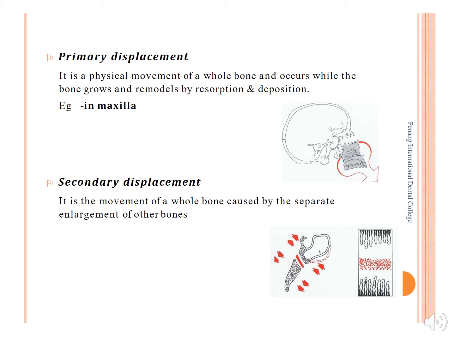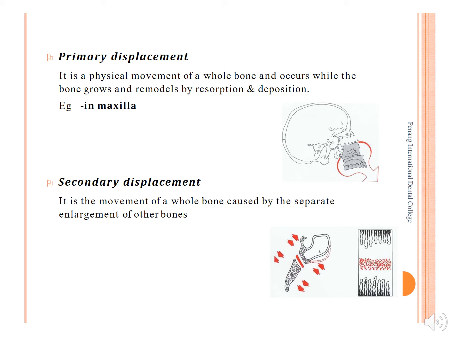Secondly is the secondary displacement, which is a movement of the whole bone caused by a separate enlargement of other bone. For example, we can see in the maxilla also. The bone deposition and bone resorption happen in the fragment of bone beside the maxilla.